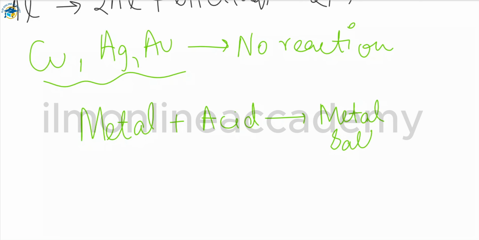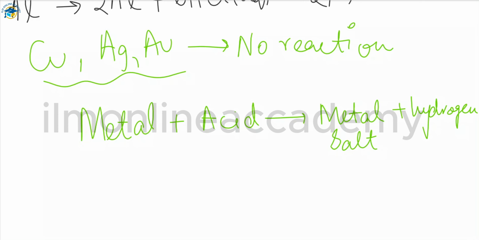So a metal salt is produced, plus hydrogen gas is released. By remembering this one, you can easily do it for any metal. You just have to place any metal in this equation and the acid which you want to use, like hydrochloric acid, sulfuric acid, or any other. So the reaction of the metal with the dilute acids can be carried out, and we can confirm the reactivity which is seen above.